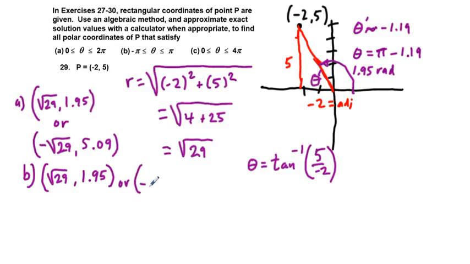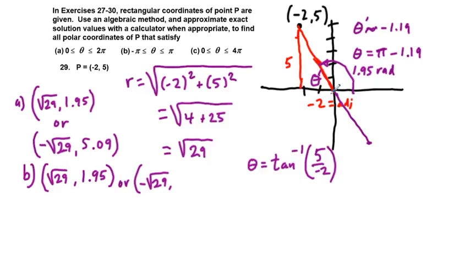Or if we have negative square root of 29, now remember, we're having an angle going to a negative side. So if we take negative square root of 29, it's going to be down here, like I'm making here in purple.